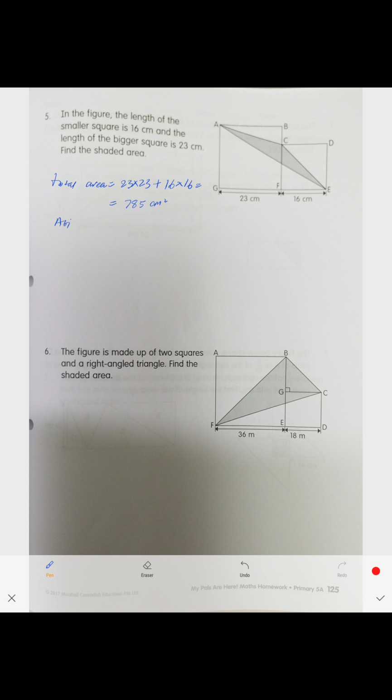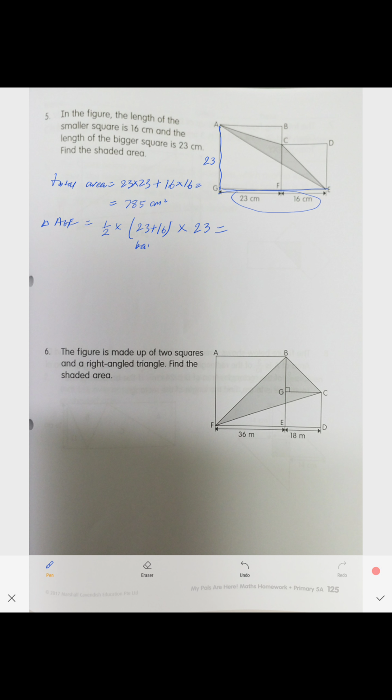So the area of the AGE is equal to, well, this is 23, our height. This is our base, 23 plus 16. So this is what we do: 1 over 2 times 23 plus 16, our base, times 23, our height.